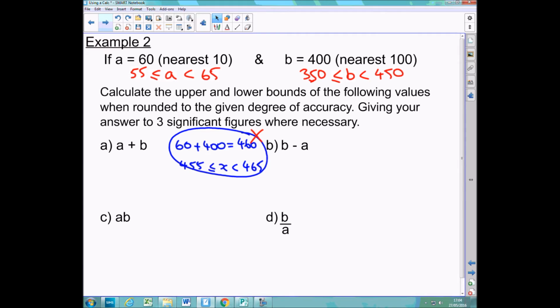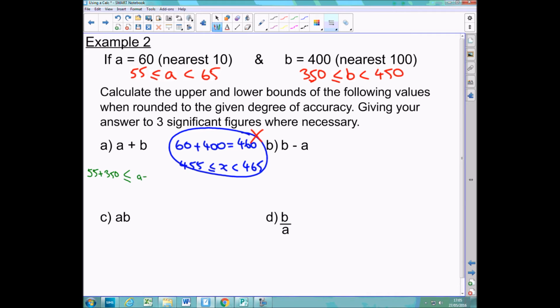Okay, so actually what we need to do is we need to be using the bounds we've just calculated. Okay, so these are the bounds for A and also the bounds for B. So we just need to think a little bit about what would be most appropriate here. And obviously to find the lower bound, I'm going to add the 2 lower bounds together. So that's 55 and 350.